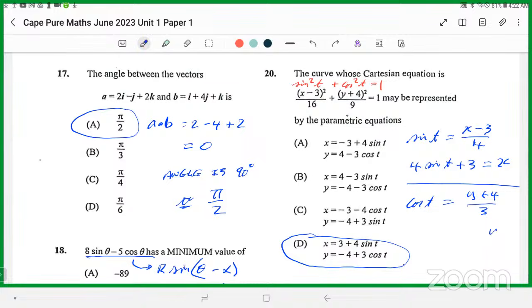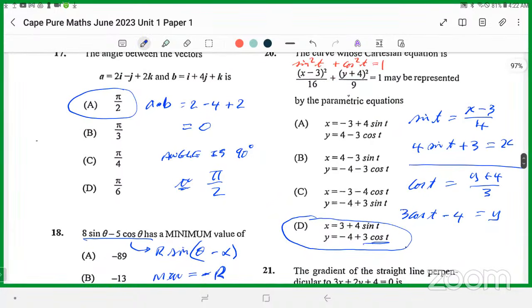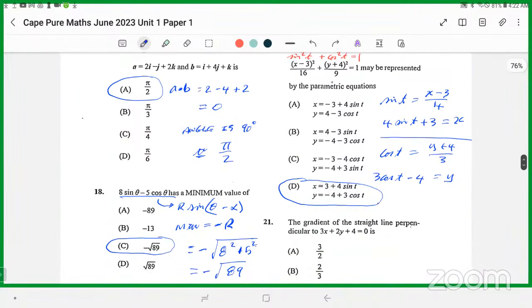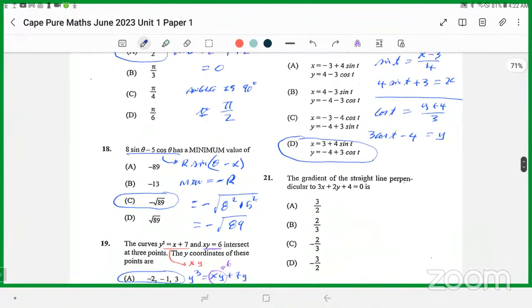You're going to get y equals, multiply the 3 and then subtract the 4. So it will be 3 cos t minus 4. There, 3 cos t minus 4. Good. So the answer is that last one. Nice and easy. We could have gotten it just after we got the x one, right?